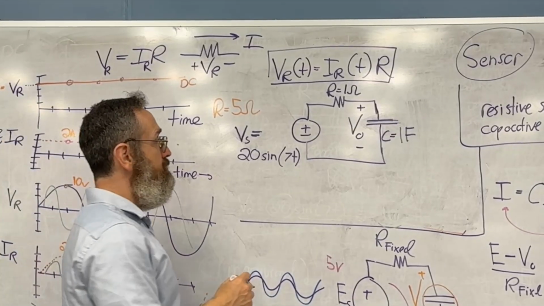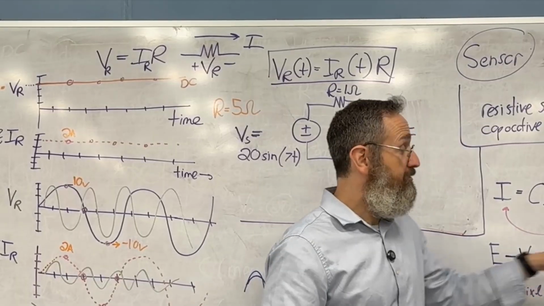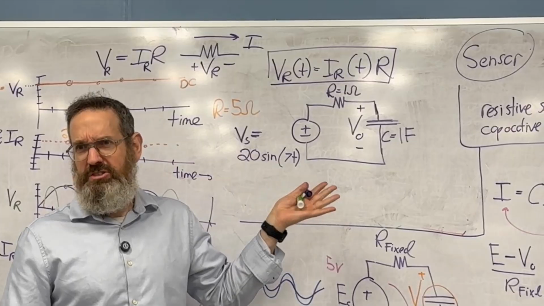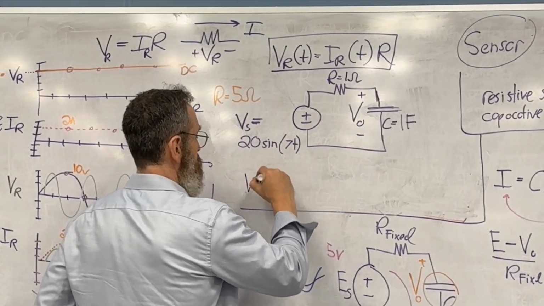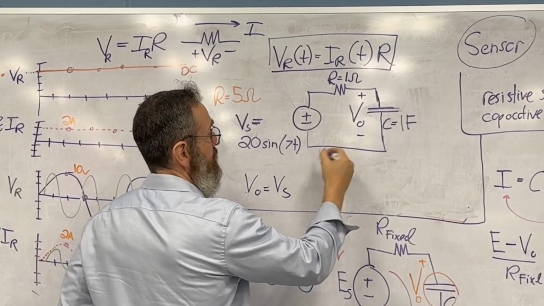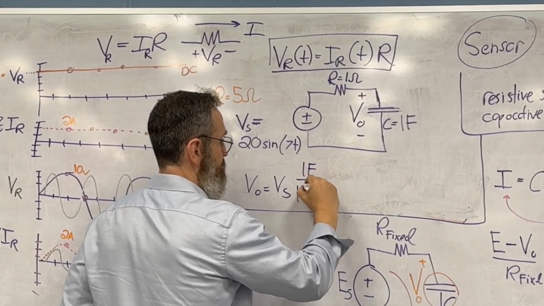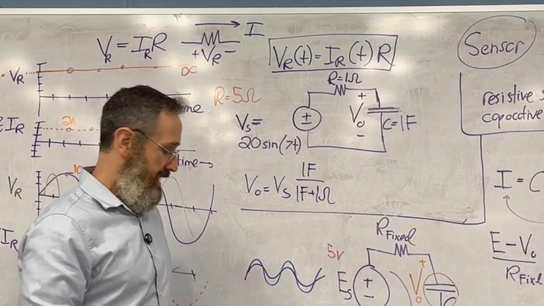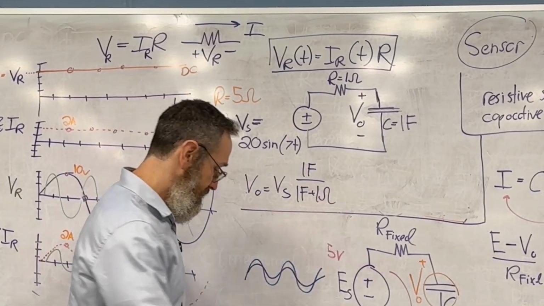The wrong thing would be to say, before it didn't work, but now I'm sure it will. Right now it's fine because it's a sinusoid, so I'm going to just write that V out is equal to Vs times 1 farad over 1 farad plus 1 ohm. And never mind that you have farad here and ohm here, so the units don't work. You can't do it.